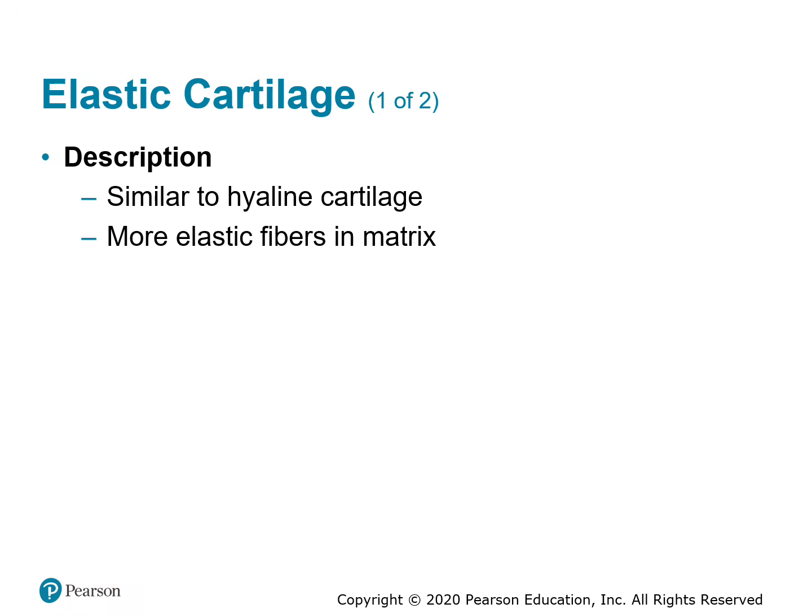Now that we are in cartilage, when you see fibers, I don't want you to automatically think fibrocyte. Because we are in cartilage, you need to be thinking chondrocyte. You will still see some fibroblasts, but they are not the primary cell type.